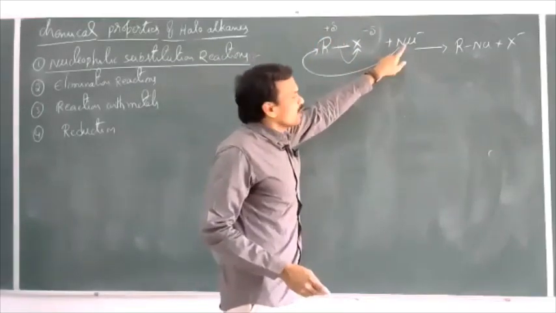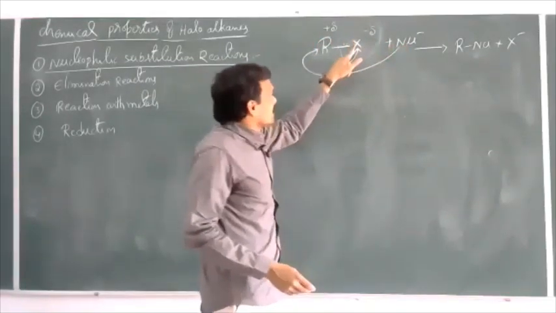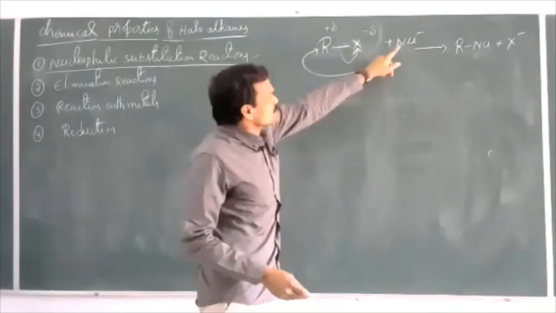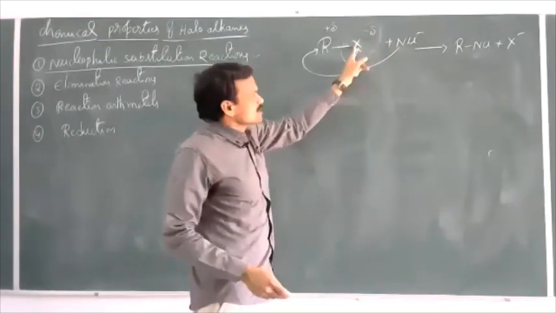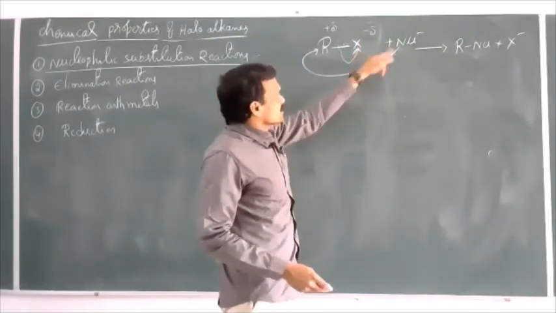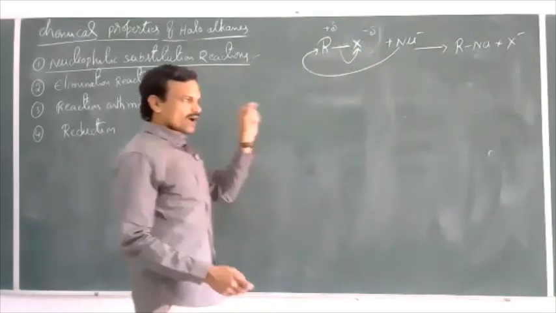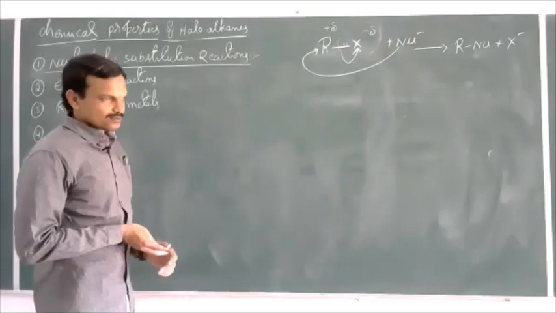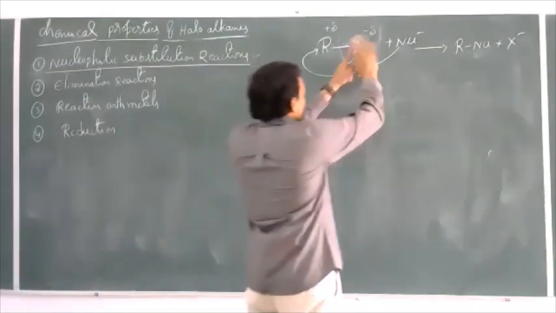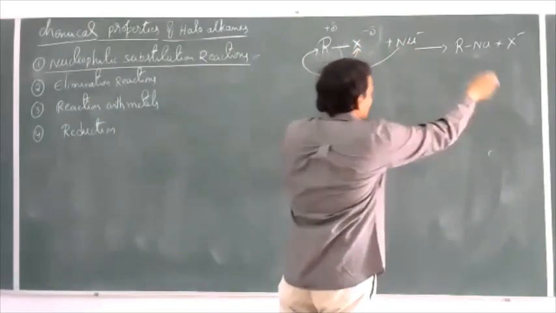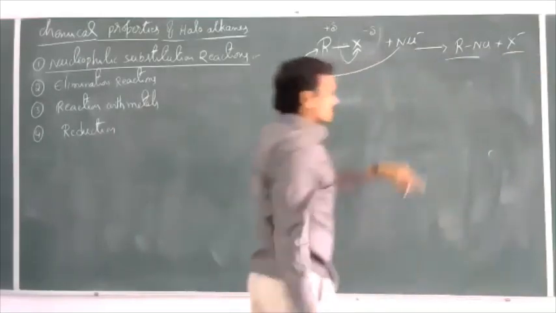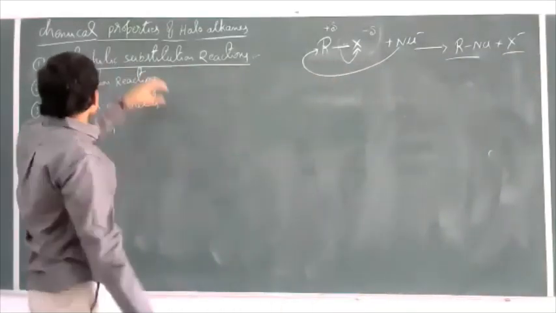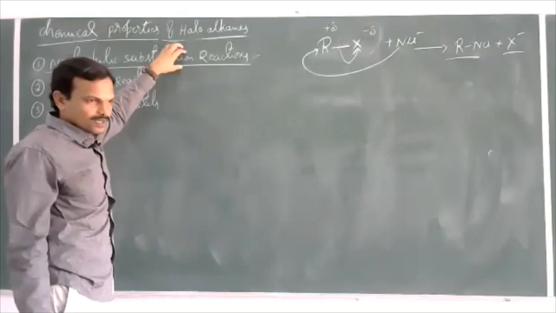If the attacking nucleophile is stronger than the existing halogen, then it can replace it. If it is weaker, it cannot replace. So stronger nucleophiles can replace weaker nucleophiles. Here X minus is replaced by the attacking nucleophile, we get the product, and the halide separates. This is the mechanism of nucleophilic substitution reactions.